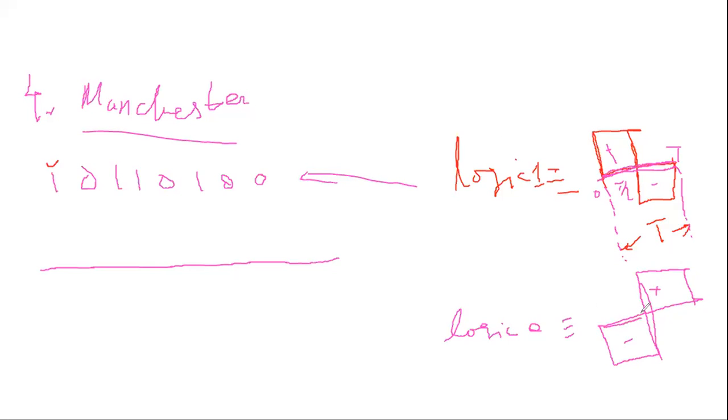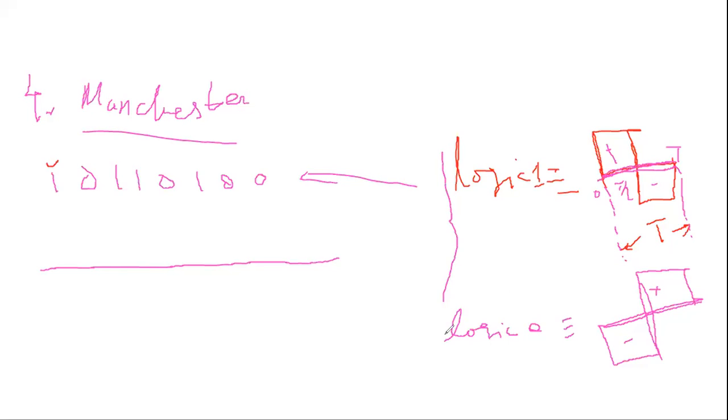If you know logic 0 and logic 1, then you just place these everywhere. 1, place this part. 0, place this one. Then again, place this one. Again 1, place this one. 0, place this one. 1 means place this one. 0, place this one. 0, place this one. So this is the case.